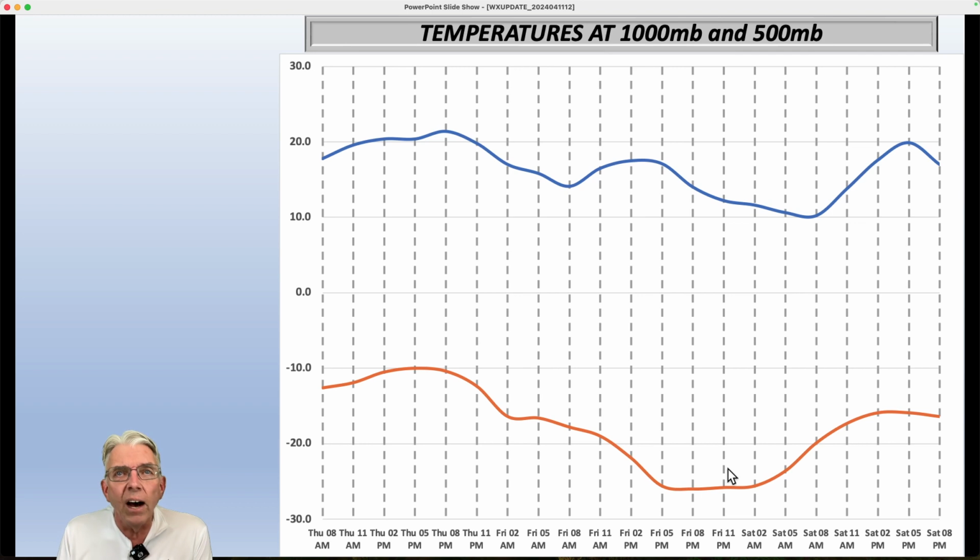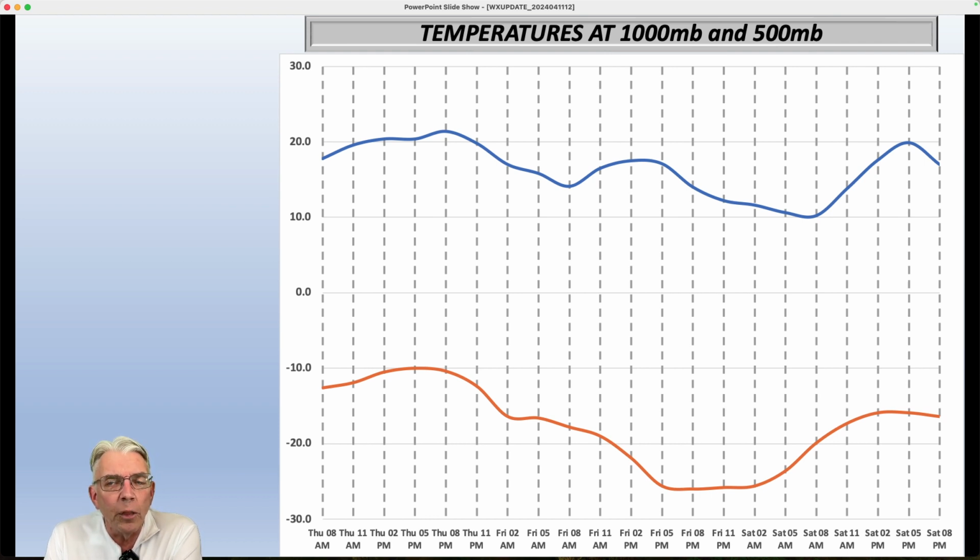Now, this is a plot of the temperatures, both the current and the anticipated temperatures through Saturday night at 8 o'clock. And the blue line up top is the temperature near the surface of the Earth, and it's in Celsius, okay? So remember that 20 degrees Celsius is 68 degrees Fahrenheit. So if it goes above 20 Celsius, it's close to 70.